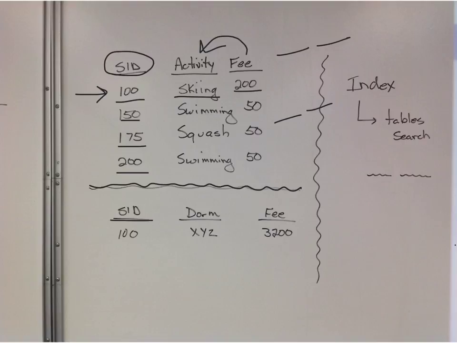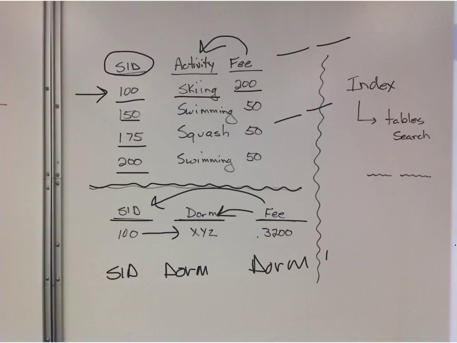We did another one, student, dorm, fee. Now you could say the fee is dependent upon the student based on which dorm they're in, but this is like a transitive scenario. Even though this worked, the fee is actually dependent upon the dorm. So this should be split up. We should have student ID and dorm, then we could have dorm and fee.